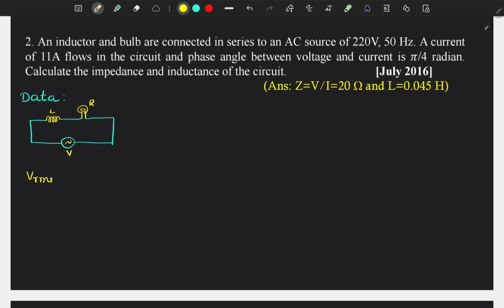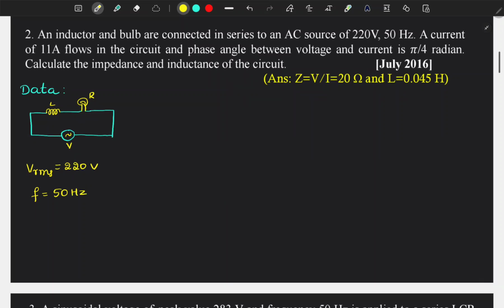So here Vrms is 220 volts, frequency is 50 hertz, Irms is 11 ampere, phase difference is given, phi is equal to pi by 4 radians. So we need to calculate the impedance.